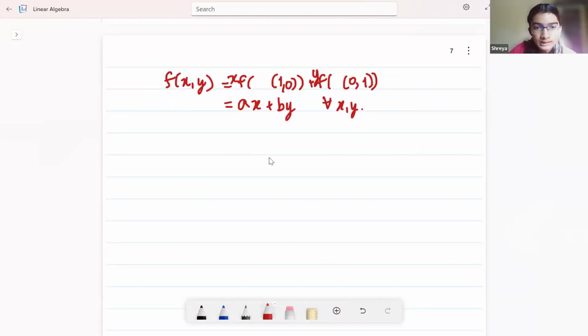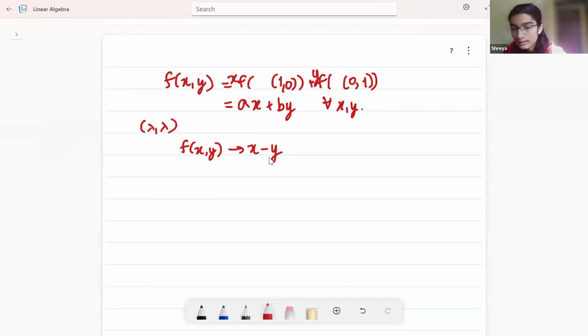Now let's see this thing in action, the first isomorphism theorem. If you have the function which sends x, y to x minus y, because like you said, you're making all things of this form your kernel, then what is the image of this function?